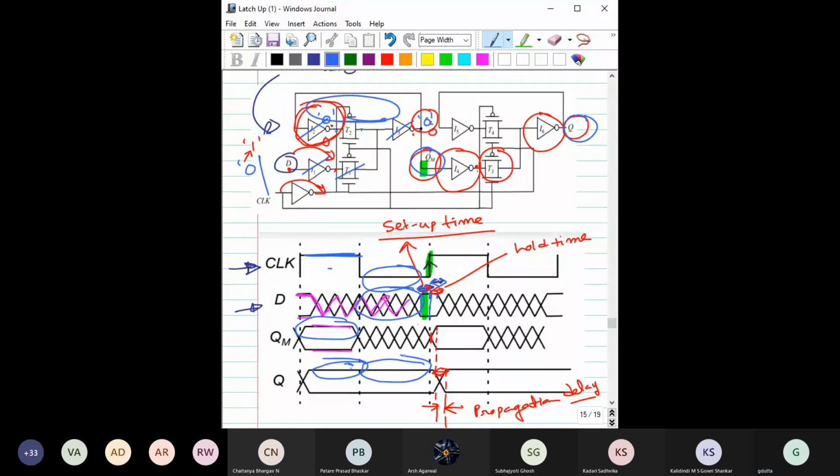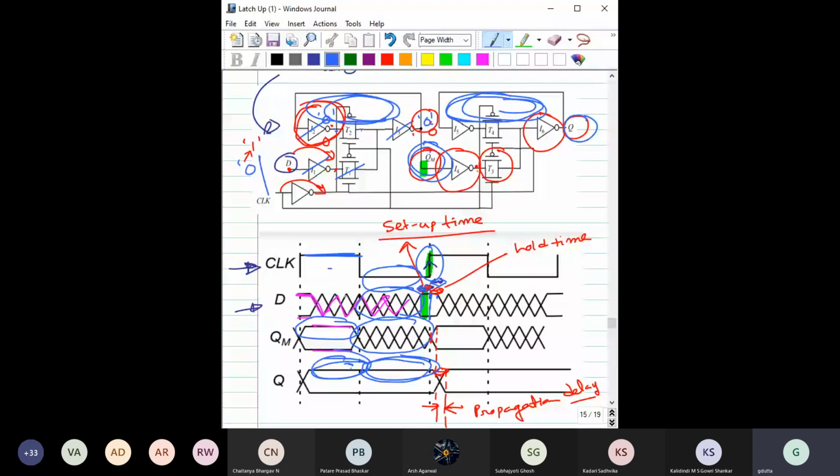of what? Because now this QM can only change, but the positive edge has still not come. So this will still be in this hold state. This will be the hold state for this, and this is the hold state for this.